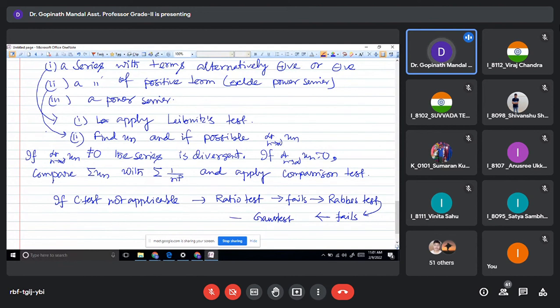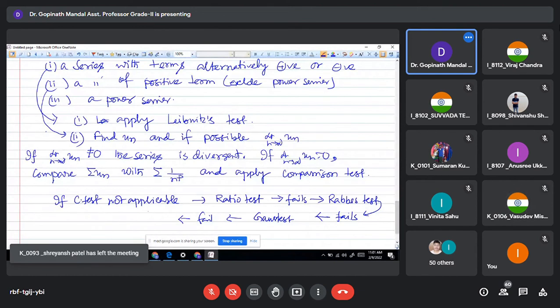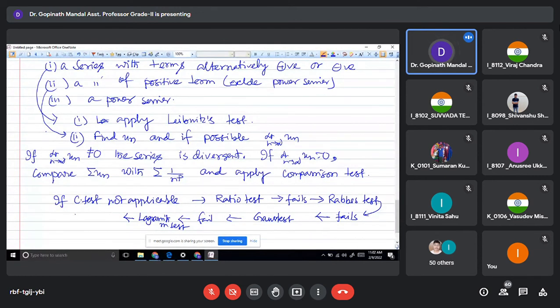If the Gauss test fails, then apply the logarithm test. If the logarithm test fails, you can apply Cauchy's test also.